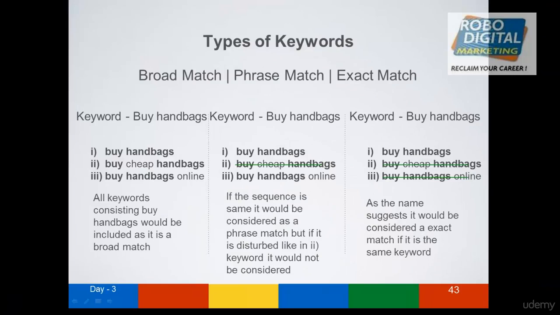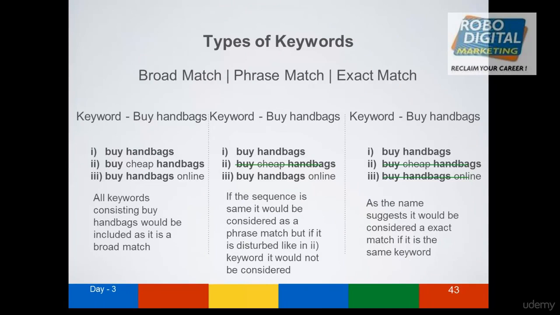This slide will tell you there are three types of keyword. One is broad match, another is phrase match, and the third is exact match. As you can see in the example, if my keyword in the campaign is buy handbags, and the user searches buy handbags, in the broad match case my ad will be shown. If the user searches buy cheap handbags, my ad will also be shown.